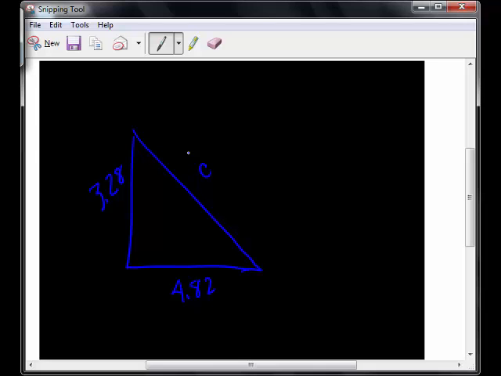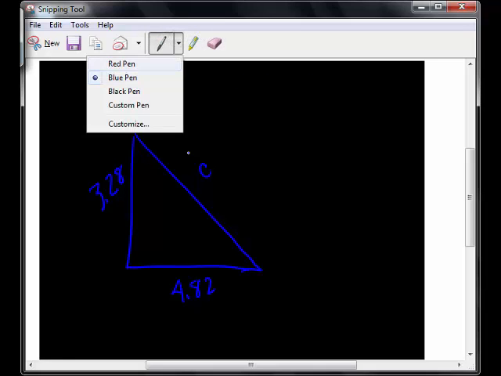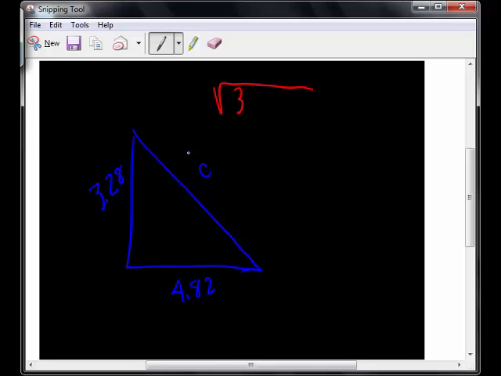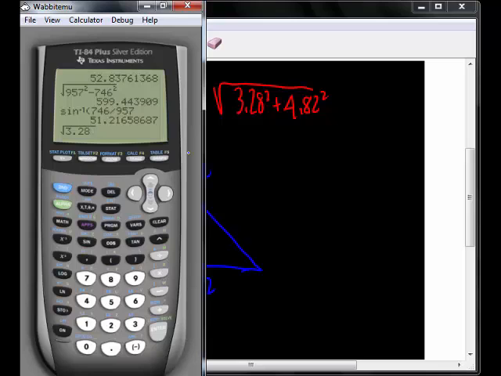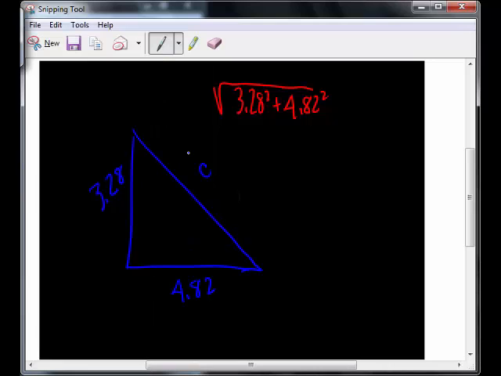And so the hypotenuse is, I'm going to start over again, is 3.28 squared plus 4.82 squared, square root. So second function, square root 3.28 squared plus 4.82 squared is 5.83.